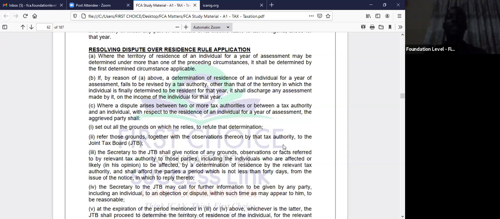It means that if you have several circumstances affecting you in a year, your place of residence would have changed. Let's say, for example, you used to work in Abuja. On the first day of January, though you were in Lagos, your office was in Abuja. So that first day of January, your address was still Abuja.